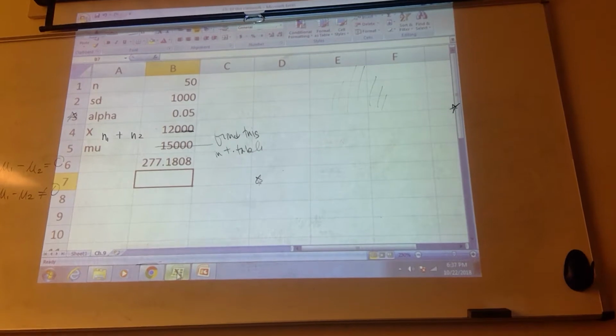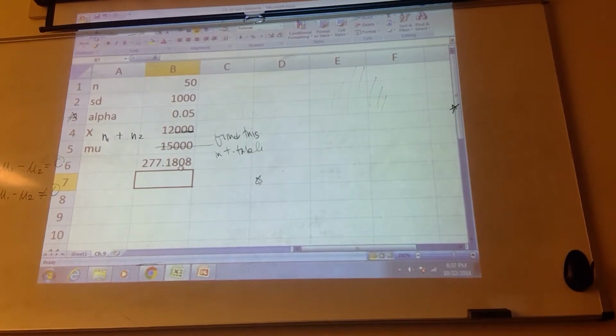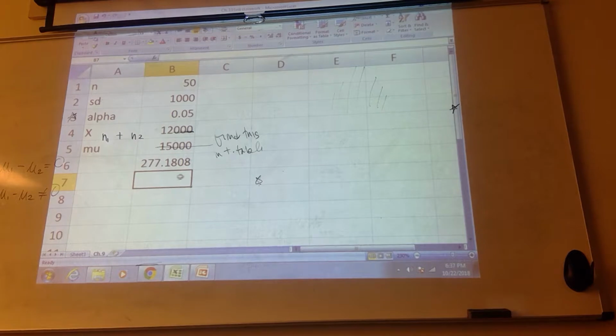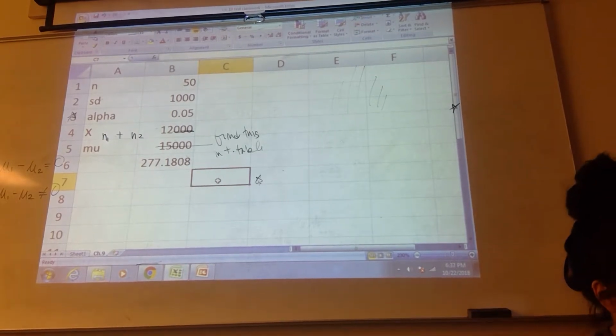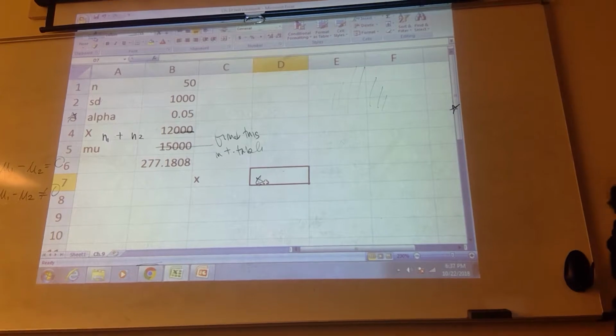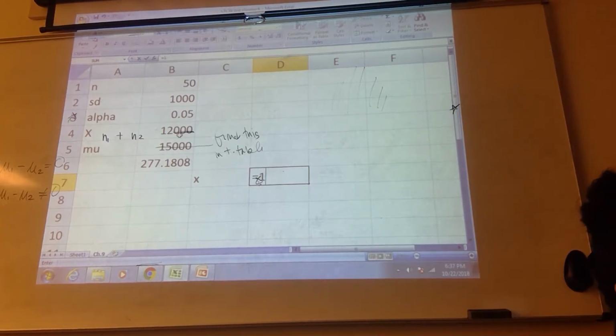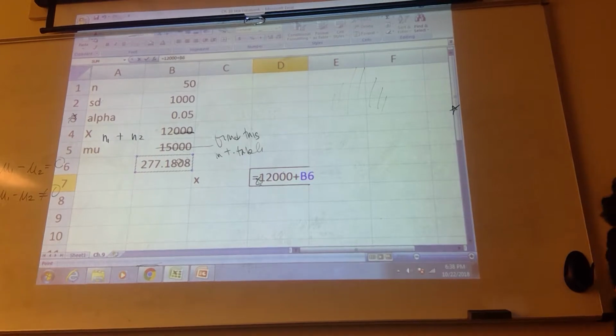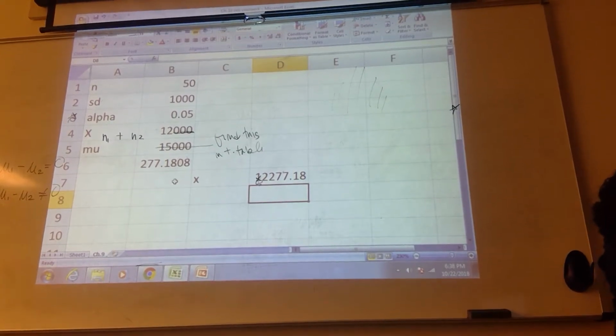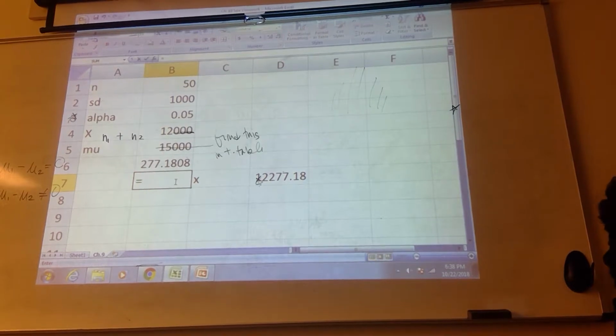Okay, and so this is just the interval, right? In this case, our sample mean is 12,000 plus this value, and you hit enter. The lower end is 12,000 minus this value.